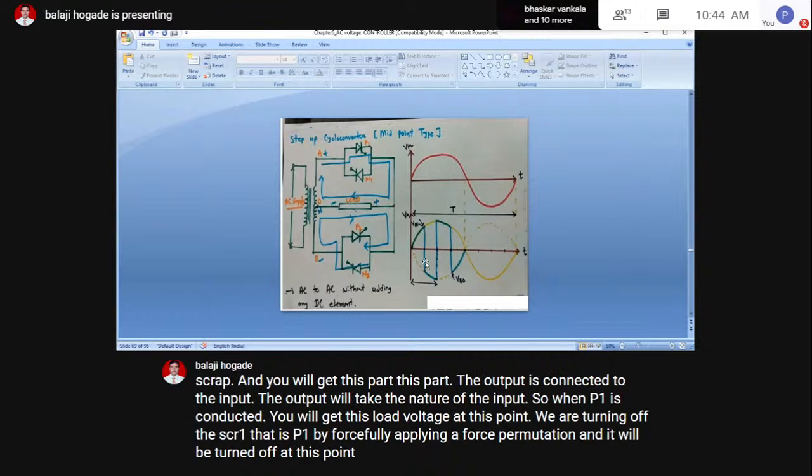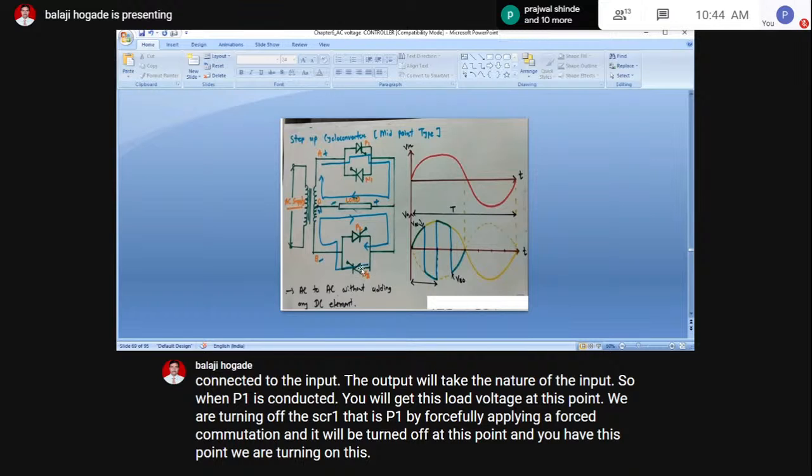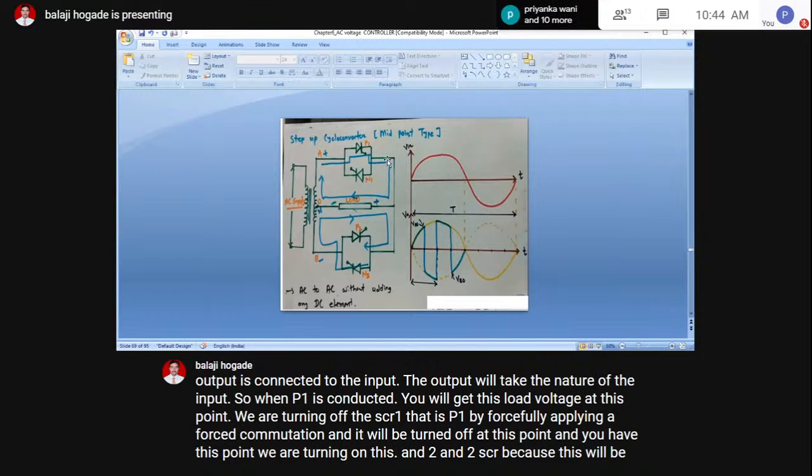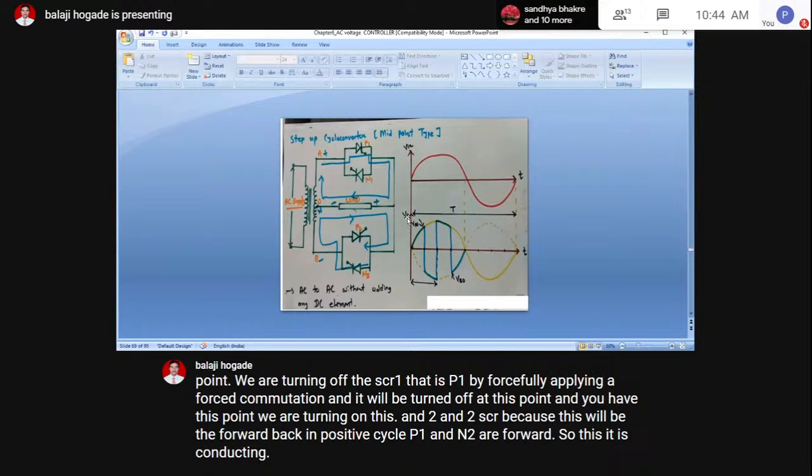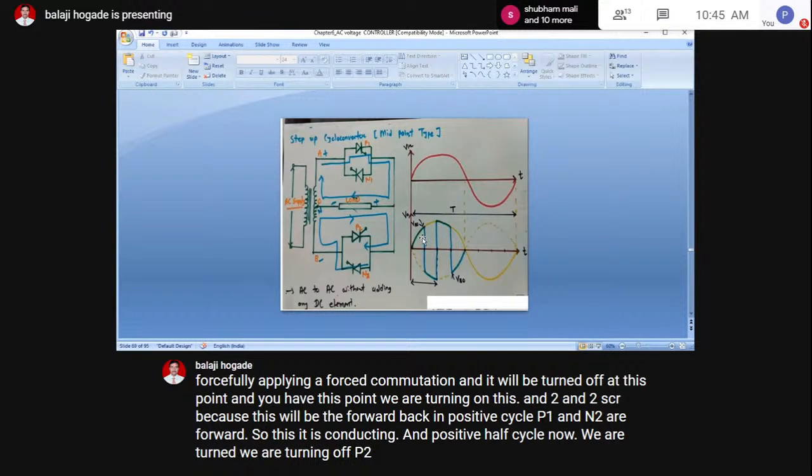And here, what are we doing? At this point, we are turning on this N2 SCR because it will be in forward bias. In the positive half cycle, P1 and N2 are forward biased, so it is conducting in the positive half cycle. Now we are turning off P1 here and turning on N2.